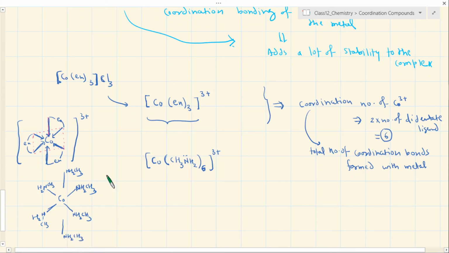This is also an octahedral complex with the same valency as this one, 3 plus. Okay, if you want you can refer the bonding with arrow.